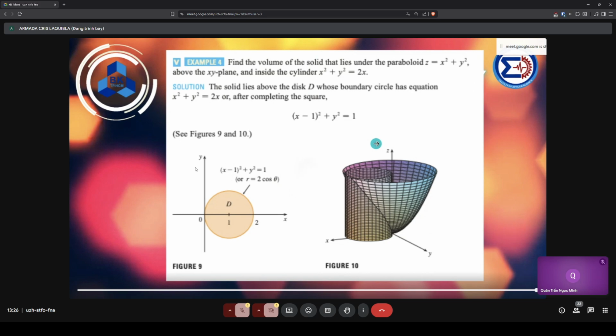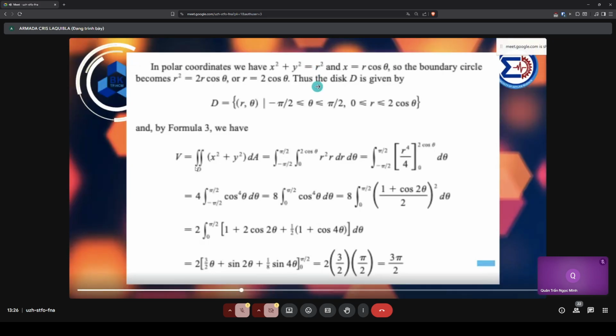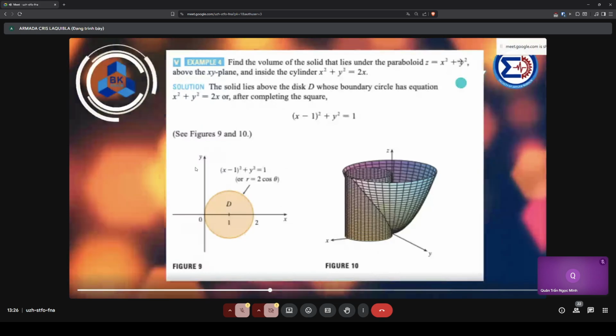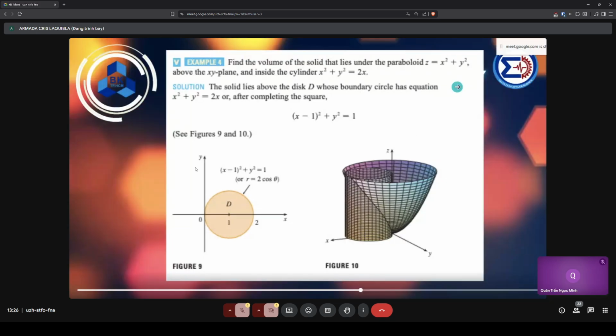In polar coordinates, your x squared plus y squared is equal to r squared, correct? Since we're going to get the volume of the solid that lies under this paraboloid, z is equal to x squared plus y squared, you have to get the double integral of this x squared plus y squared, and then replace that with r squared.